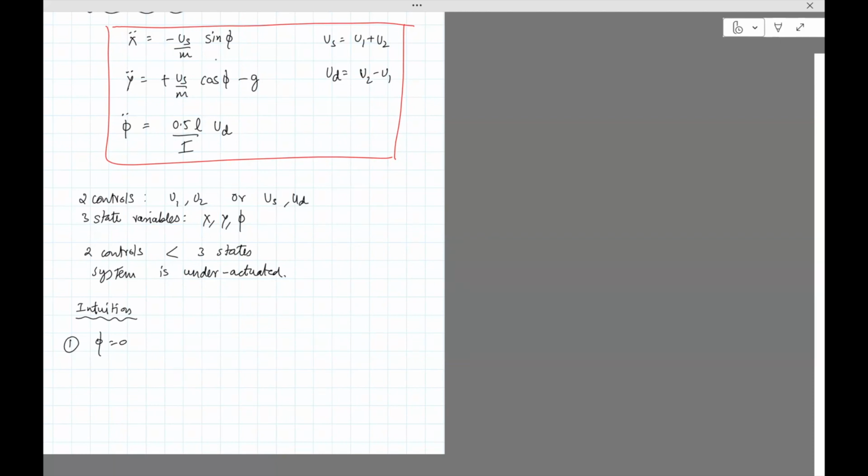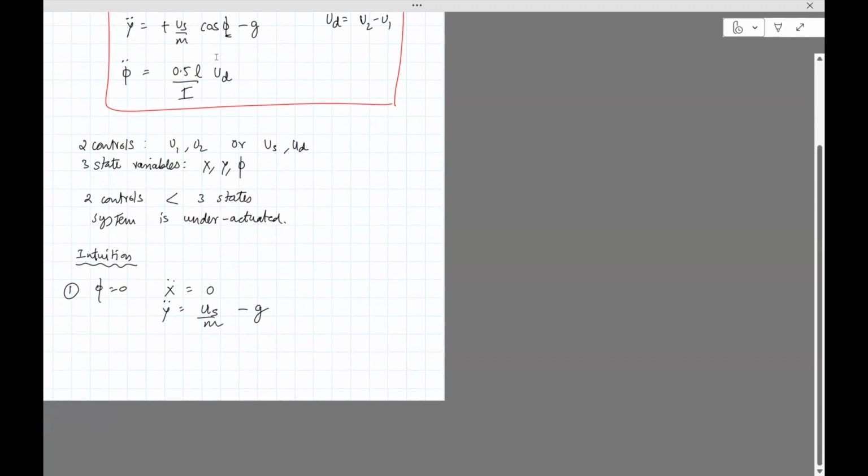When we put phi equals 0, we see that x double dot equals 0. I'm just going off the equations. Y double dot equals, putting phi equals 0 here, cosine 0 is 1, so Us divided by m minus g.